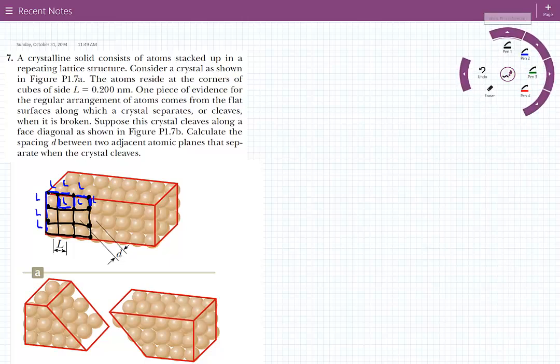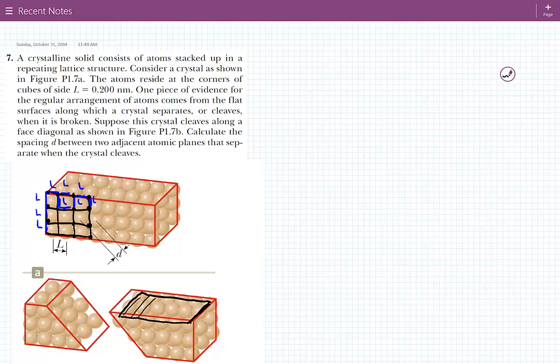So there's more than one set of planes. For example, you can see this is a plane right here, the top one. And here is another set of plane, another plane.